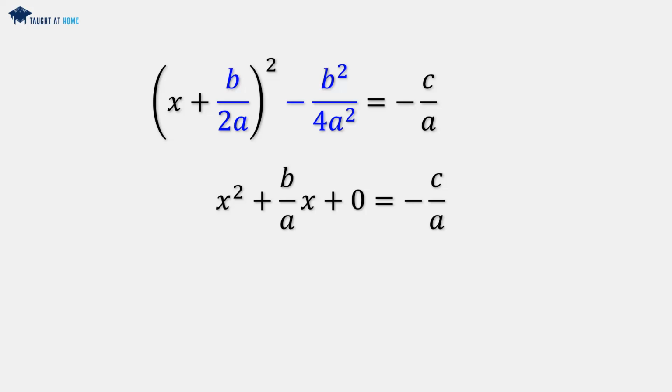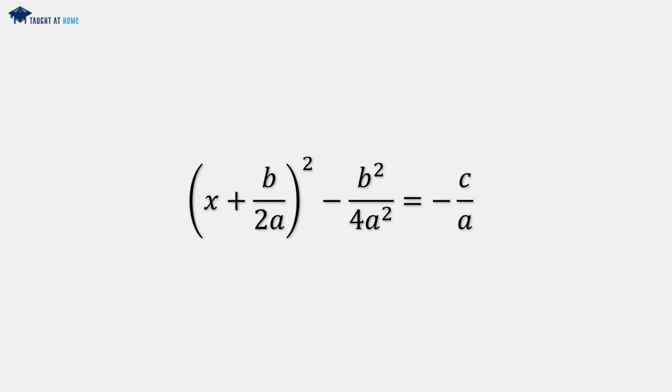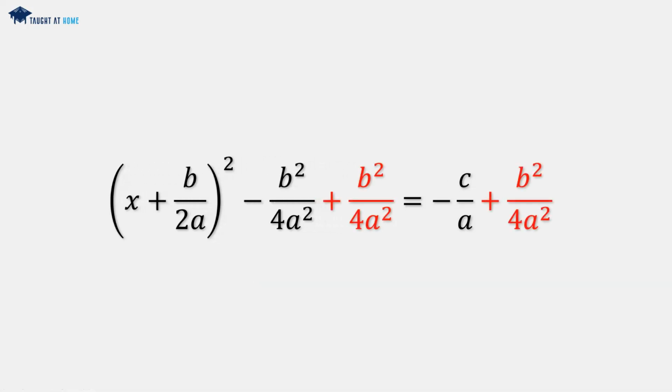Okay, and now we have this equation in the completing the square form, so we can just remove that now and deal with this. Now we're going to do a bit of rearranging still, so we can get minus b squared over 4a squared to the right hand side by adding that to both sides.